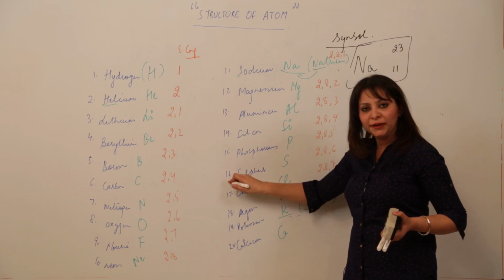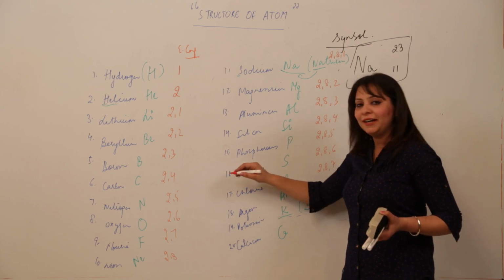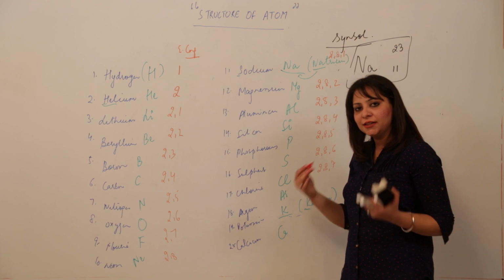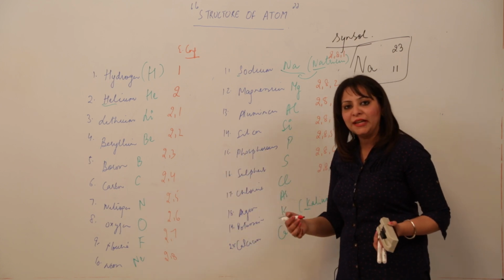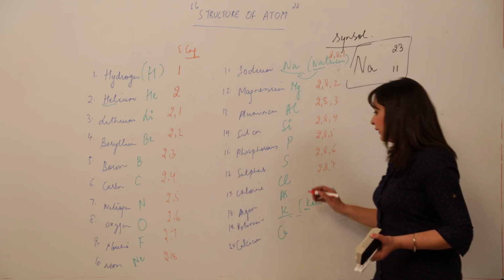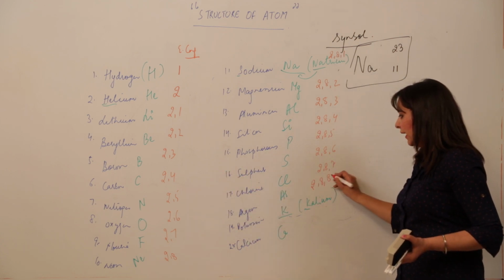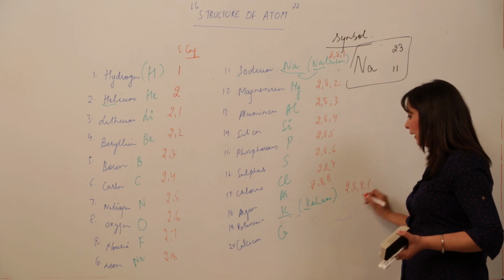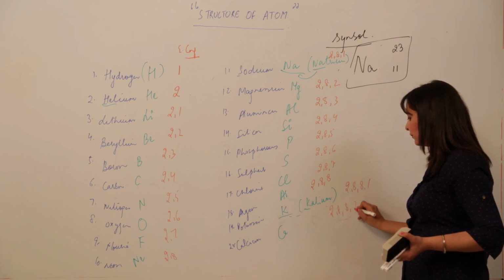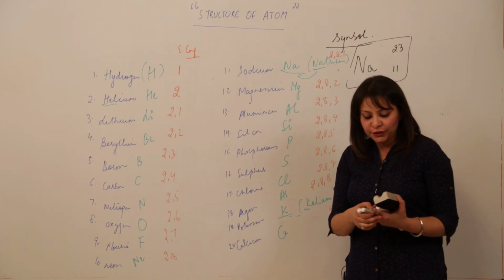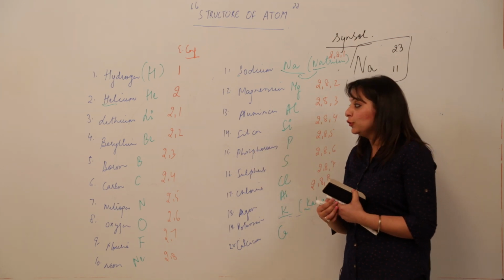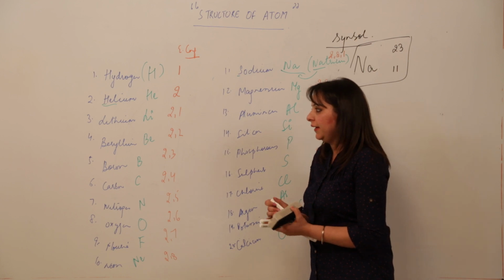I am just looking at the atomic number, considering that it is the number of protons, I know it is equal to the number of electrons, and I am just arranging according to the Bohr-Bury rule, that is 2n square, that we did before. Similarly 2,8,8; 2,8,8,1 and 2,8,8,2. I hope you get this, how to write the electronic configuration. These are very important. You should know how these electrons are arranged.